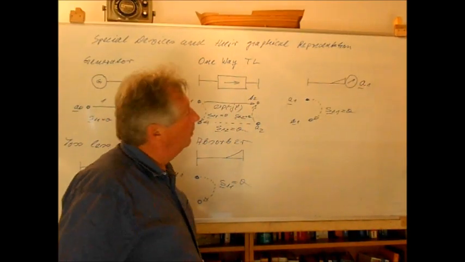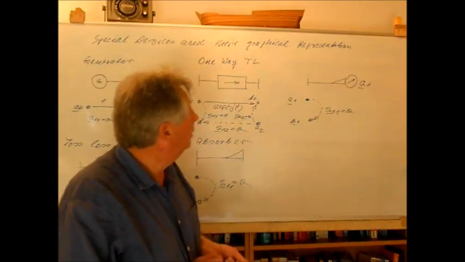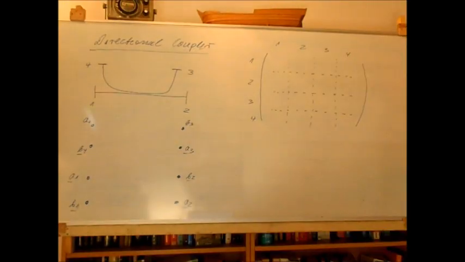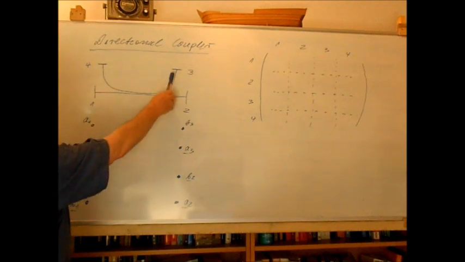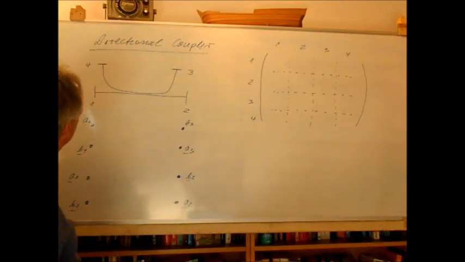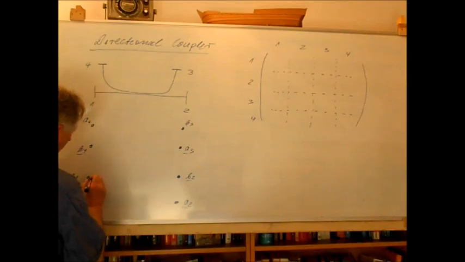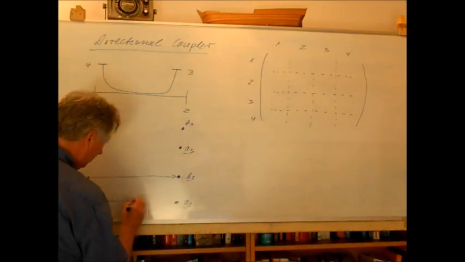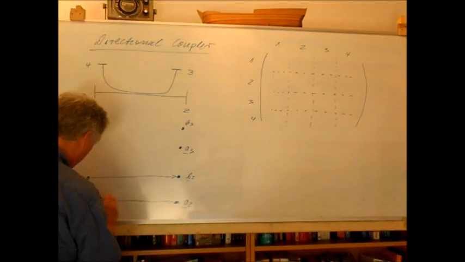In the next step I want to introduce the so-called directional coupler. A directional coupler consists in principle of two transmission lines, and I assume here that these transmission lines are identical, so we will have a transmission from port 1 to port 2 and from port 2 to port 1.